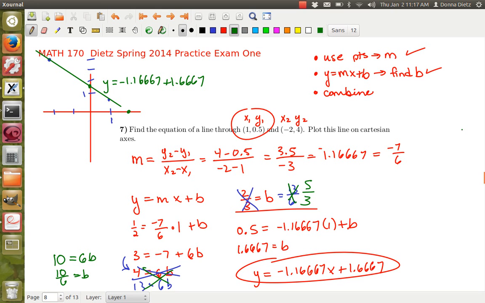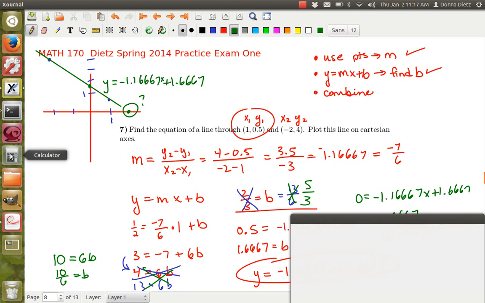Let's go ahead and find the other intercept just for practice. All right, let's say we want to find where this occurs. So this is -1.16667, whoops, I forgot the x in here, x plus 1.6667. That equals 0 at x equals -1.6667 over -1.16667. Those will cancel out. So let's figure out what's going on here.